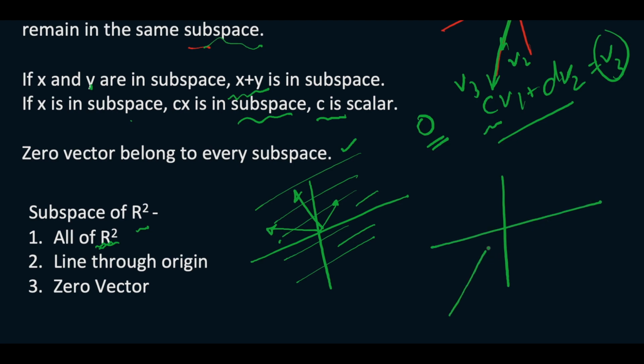When you consider a line through the origin and consider the vectors v1 and v2, their combinations will produce vectors that are also on the line that goes through the origin. The third is the zero vector itself. When you add the zero vector to itself, you get a 0. When you multiply anything with 0, you get a 0. So the zero vector is a subspace.